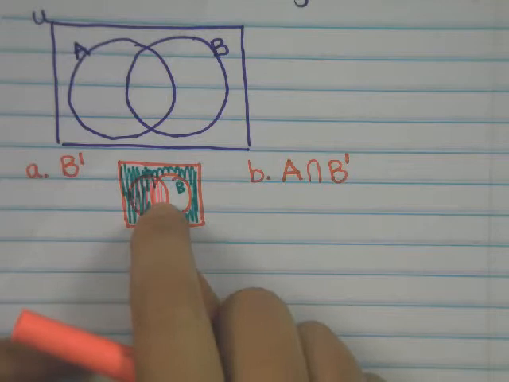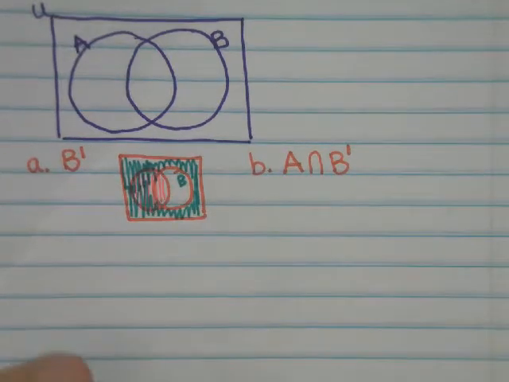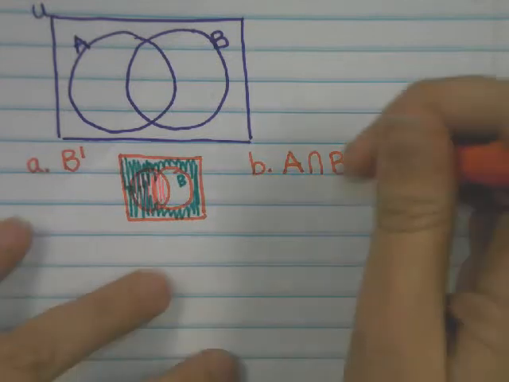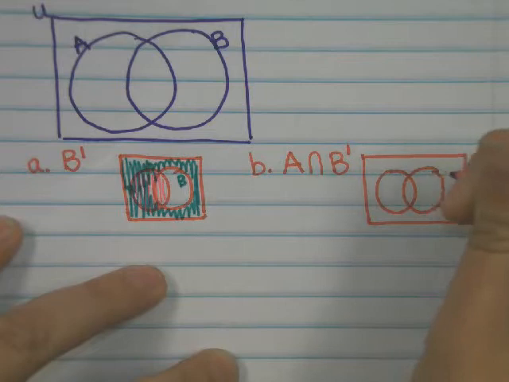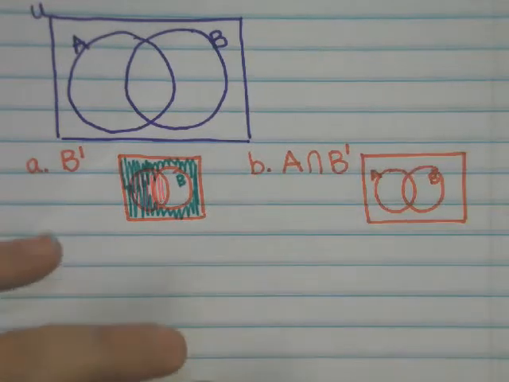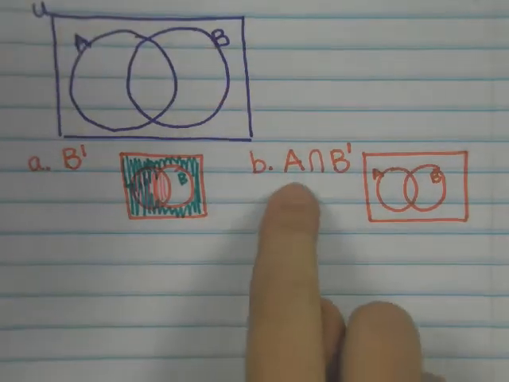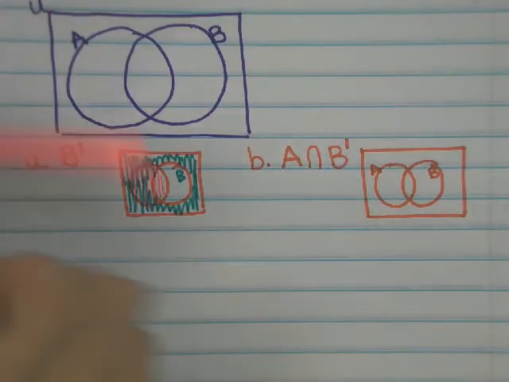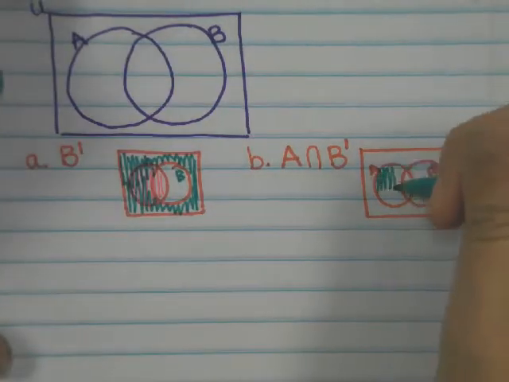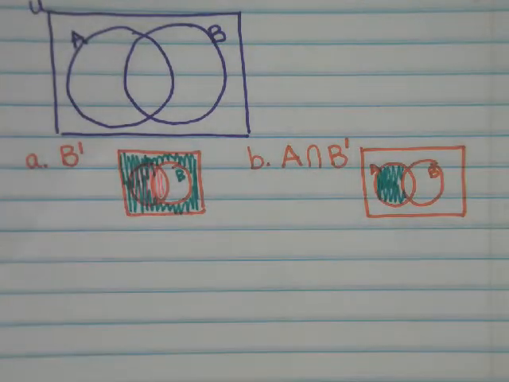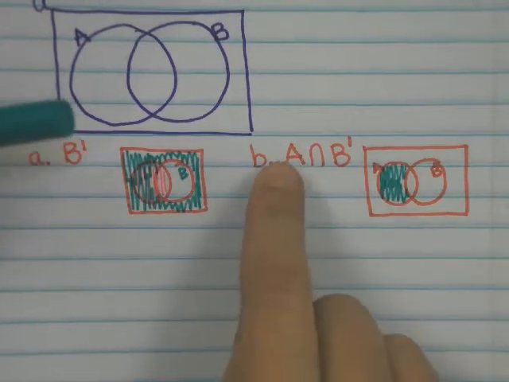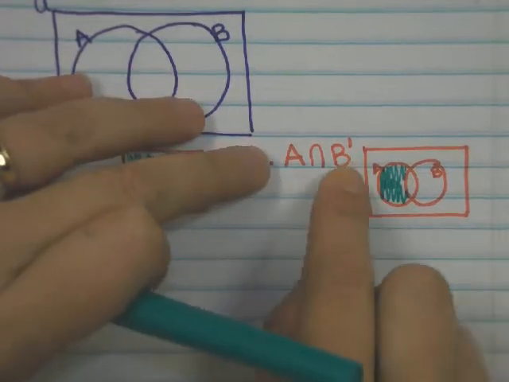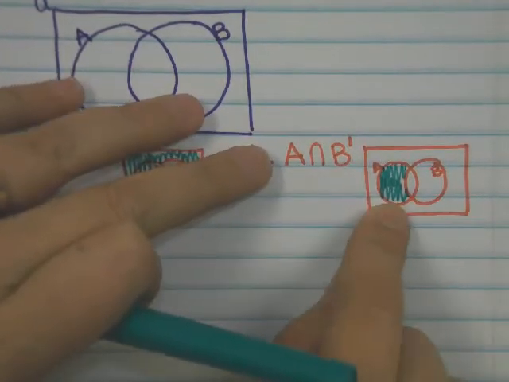But those right there are not in B complement, they're in B. So we don't want to shade those. When I make my picture for this, this is B, this is A. We want everything that's in both A and B complement, and that will be here. Those are the terms that are not in B, but are in A.